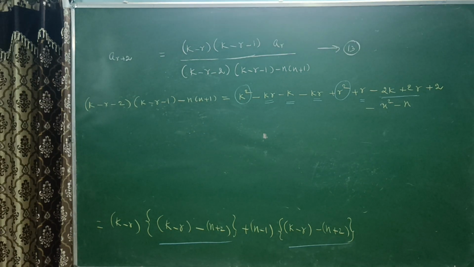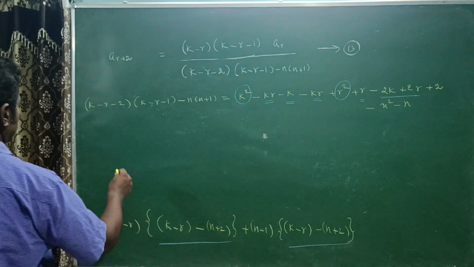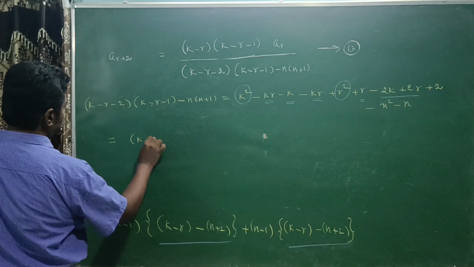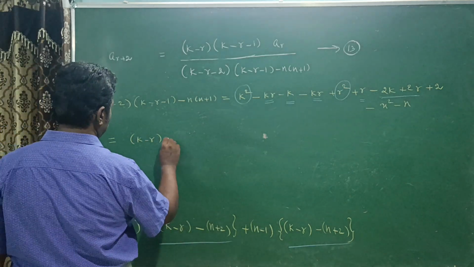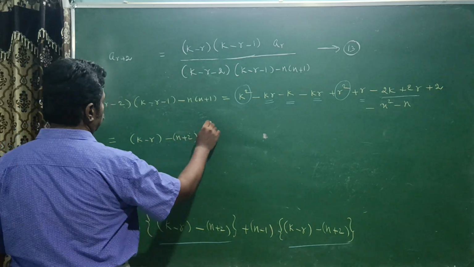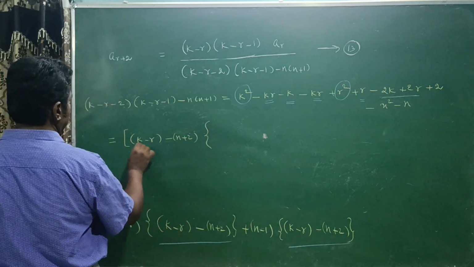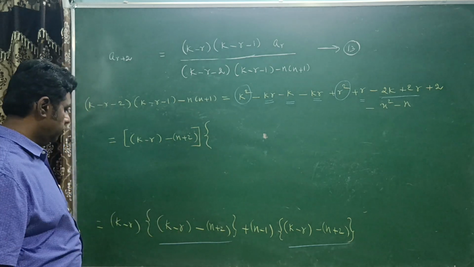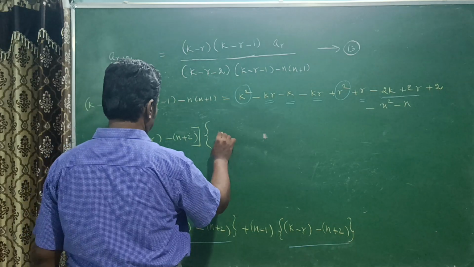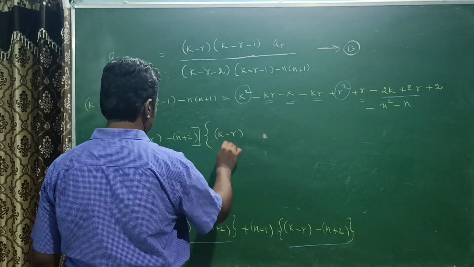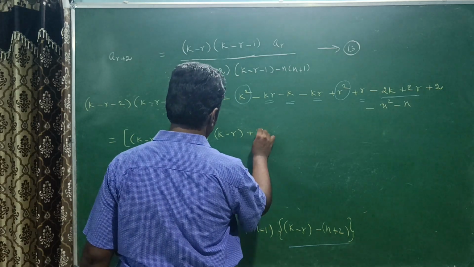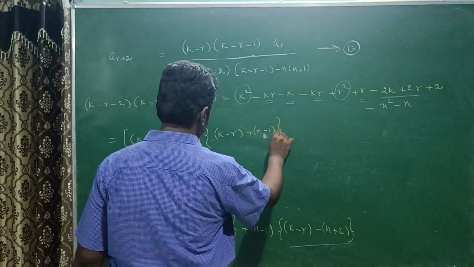If you take this term, this is equal to (k minus r minus (n plus 2)) outside. Say this is one term. (k minus r minus (n plus 2)) outside, then the rest of the terms are (k minus r) plus (n minus 1).